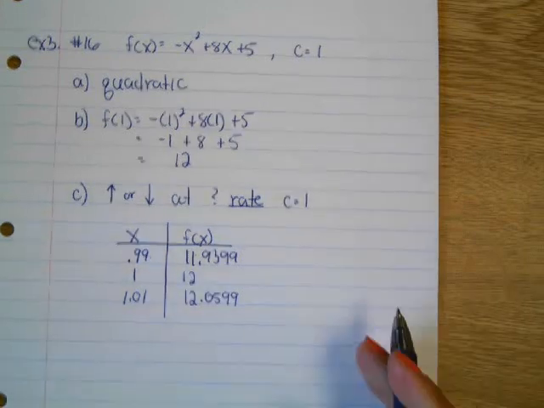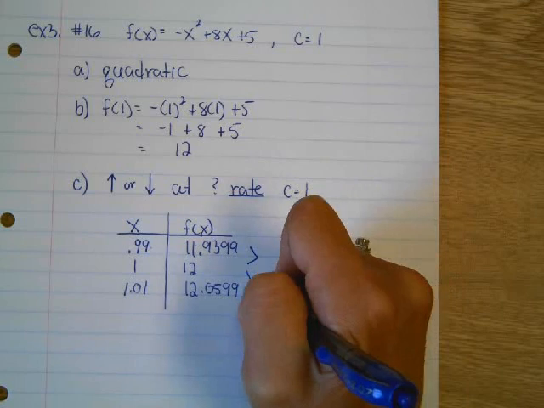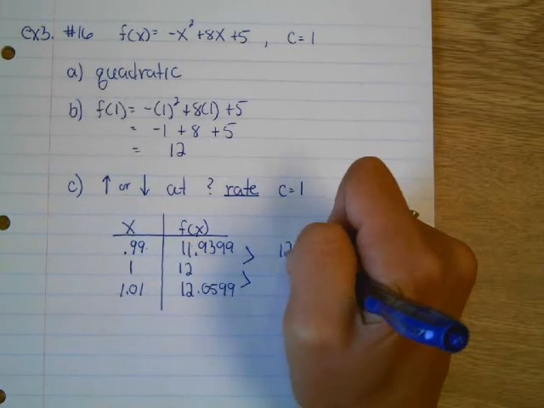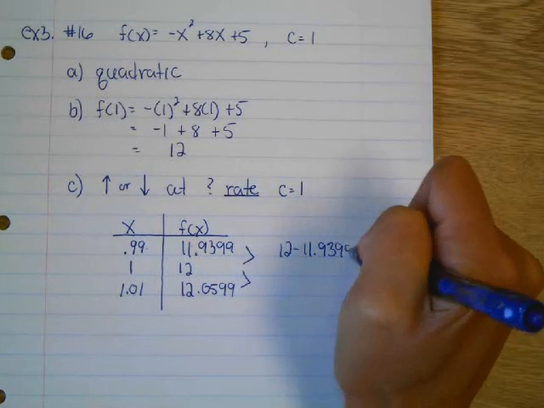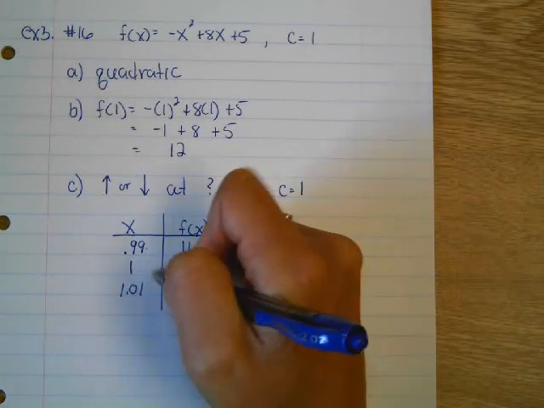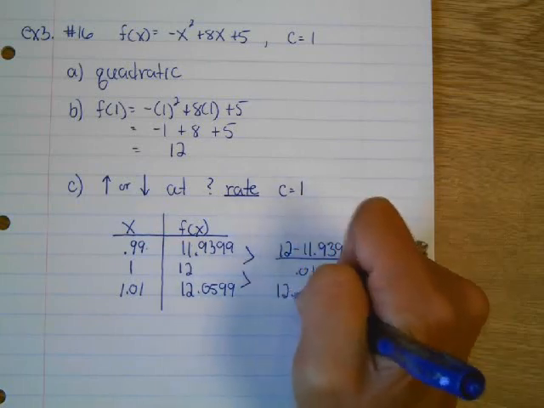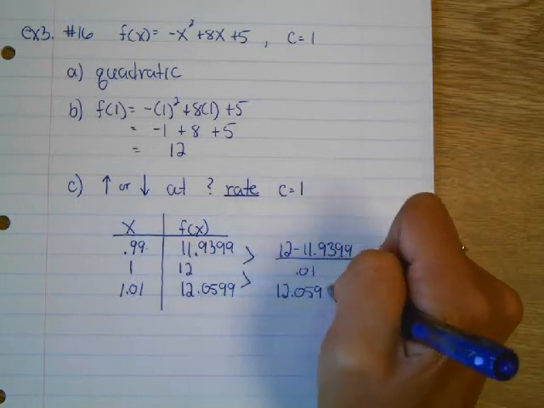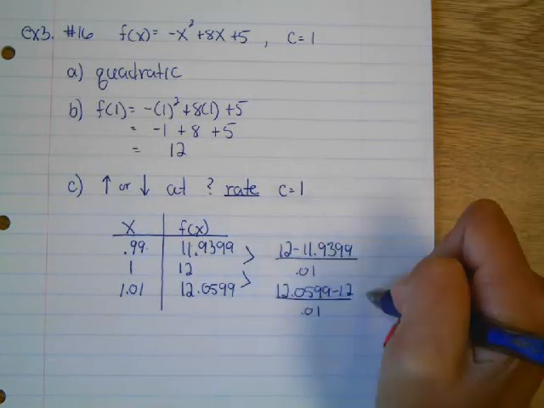Okay, and now the rate, I just got to do my change in y over change in x. Here and here. So that's 12 minus 11.9399 over, I know this change is 0.01. And then here, 12.0599 minus 12 over 0.01.